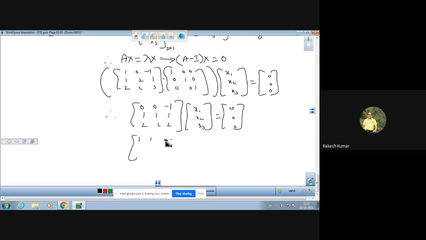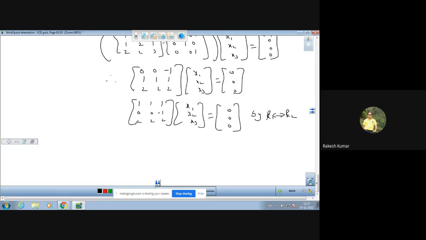So you will get 1 1 1, 0 0 -1, 2 2 2. This is x1 x2 x3 and this is 0 0 0 by the operation interchanging R1 with R2. R1 has been interchanged with R2.